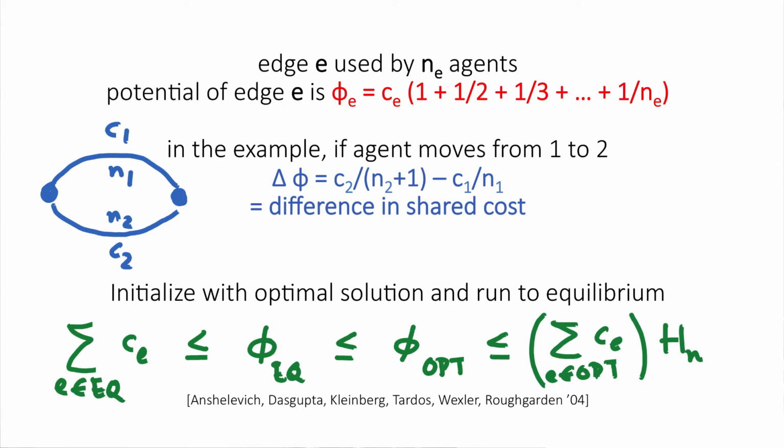On the top edge, the potential decreases by C1 over N1, because the last term in that harmonic sum goes away. One agent has left the top edge. Simultaneously, on the bottom edge one additional term gets added at the end of this potential expression. Okay. In this case, this additional term is C2 over N2 plus 1. Okay. So, the difference in potential after this move is in fact C2 over N2 plus 1 minus C1 over N1.